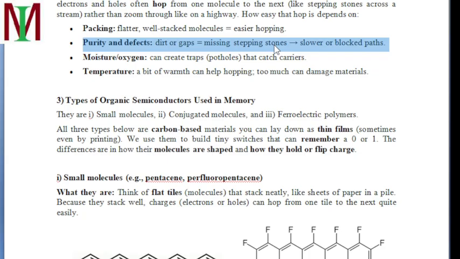We cannot jump onto mud, we will go inside. So if such impurities are there, then the electron movement will be blocked, or it will slow the path. It will take time to jump to the next stone. So purity and defects also affect the movement of the electrons, or even the movement of the holes.